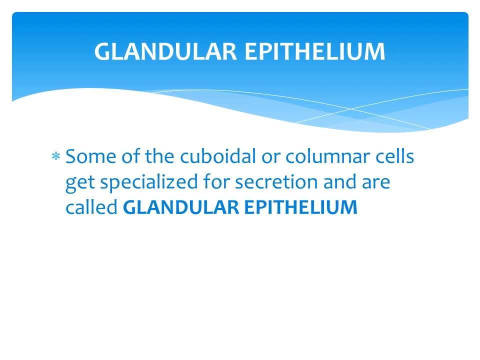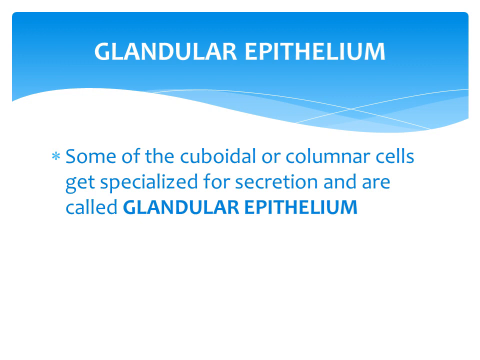Some of these cuboidal or columnar cells get specialized for secretion and are called glandular epithelium. Have you got the point? If it is secreting some substances, say hormones or enzymes or saliva, whatever it is, if there is a secretion process, those kinds of cells are known as glandular epithelium.